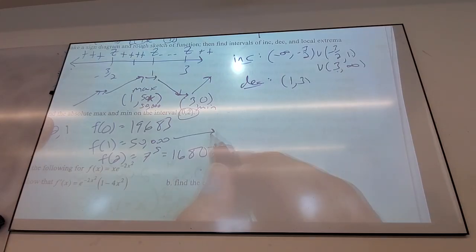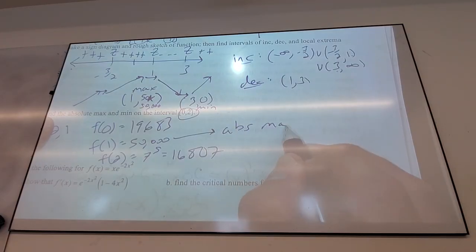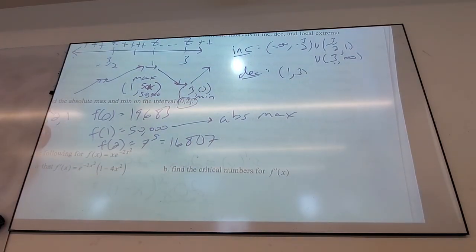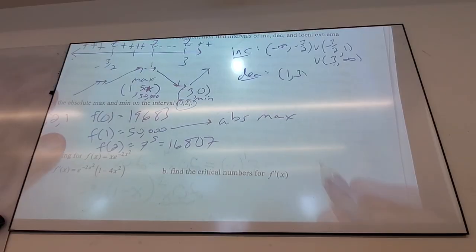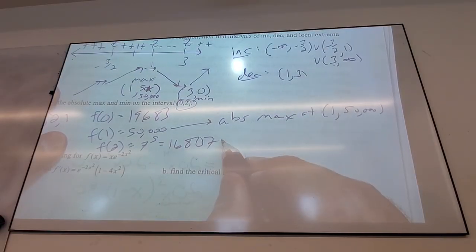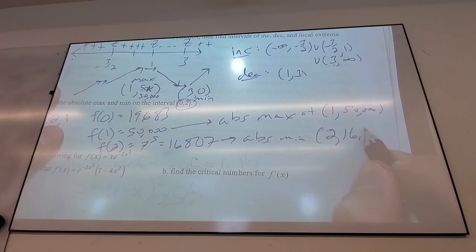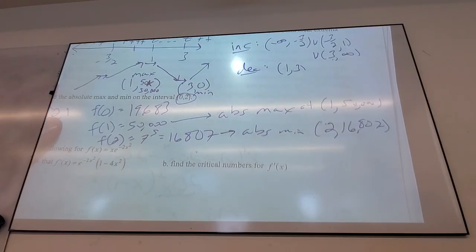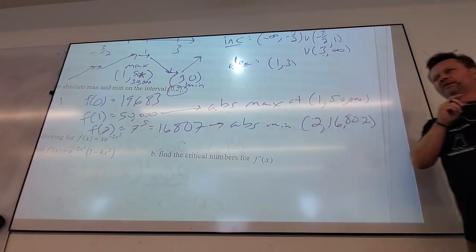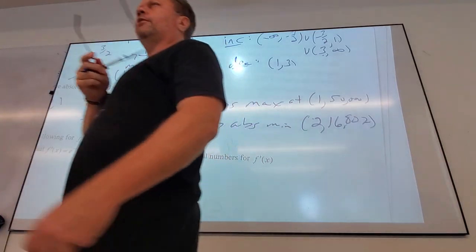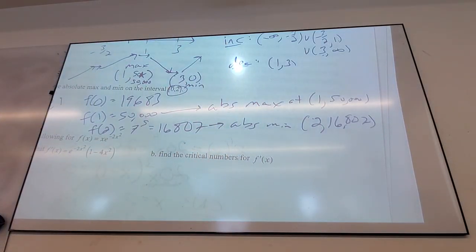Yes, this is the location of the absolute max. And who won the lowest? 2. Yes, so the absolute min is at 2, 16,807. Sorry the numbers got big and made that a little harder to see. Who cares?